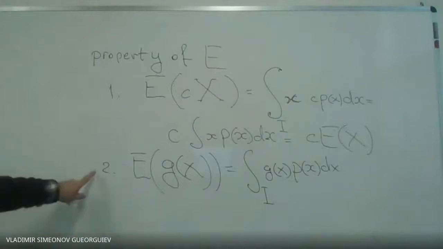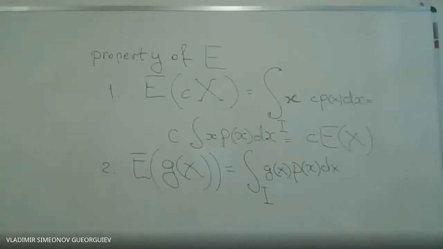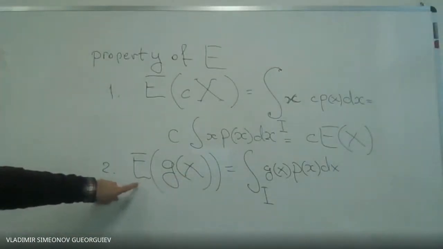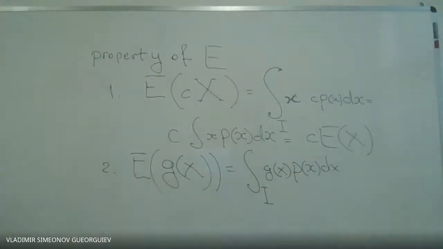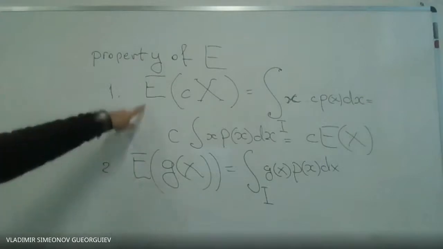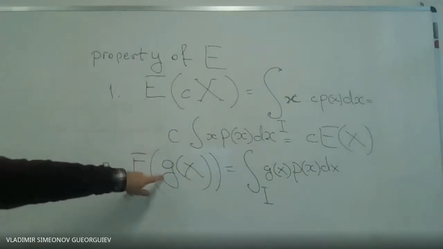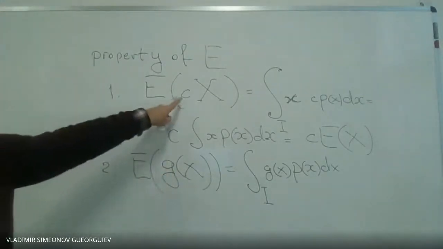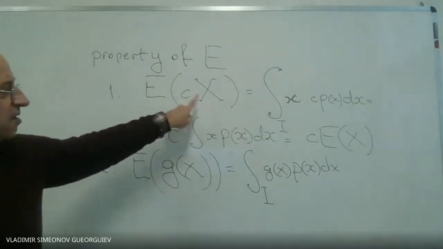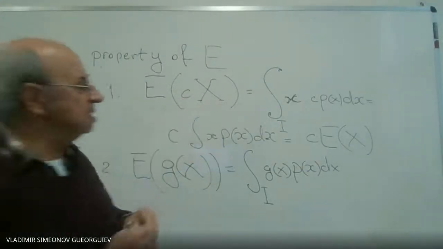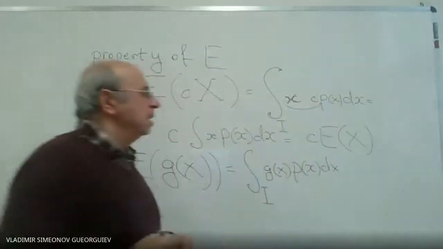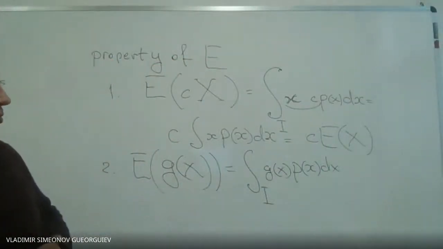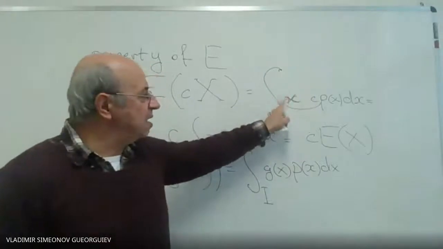Let us make some example in order to compute the expectation of a function g. Of course, this definition of the expectation of function g is more general than property A, because there we simply take the function c times x. If it is c times x, then my integral has to have here c times x.